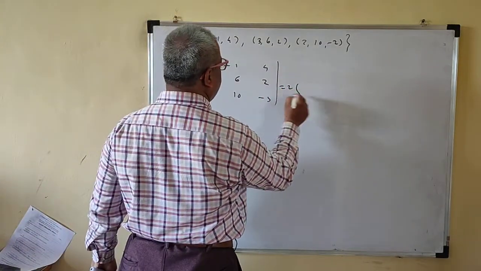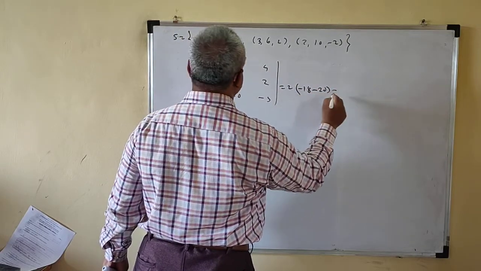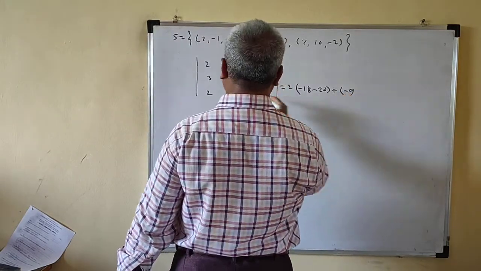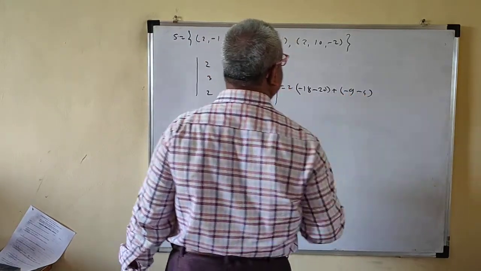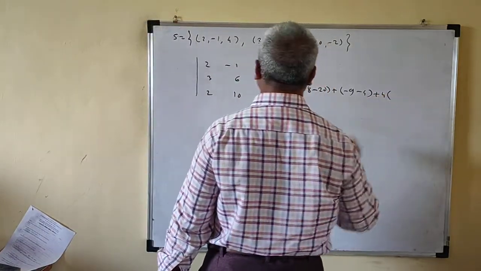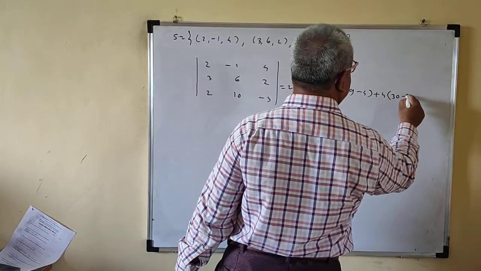So this is 2 into minus 18 minus 20. Okay. So minus becomes plus 1 into minus 9 minus 4, and plus 4 into 30 minus 12.